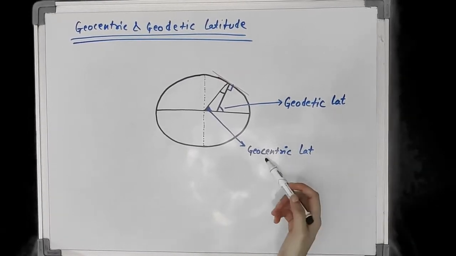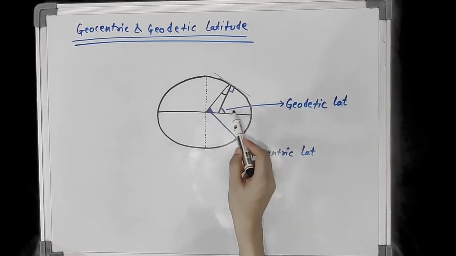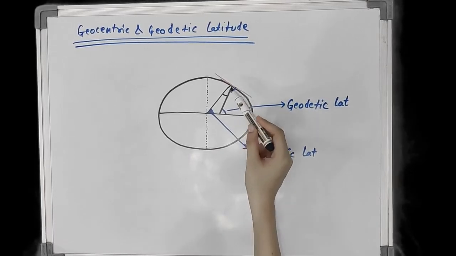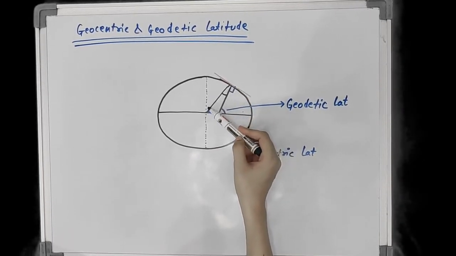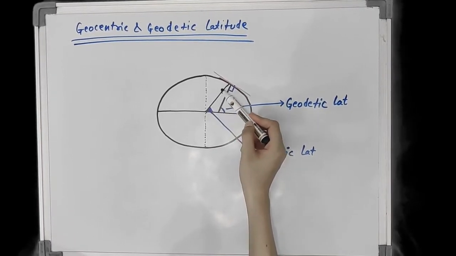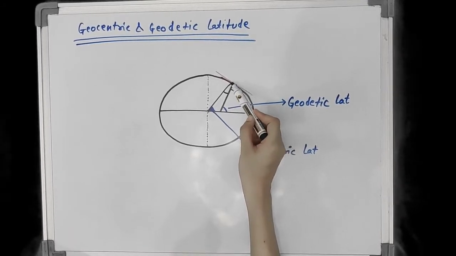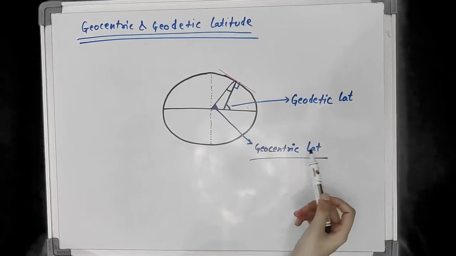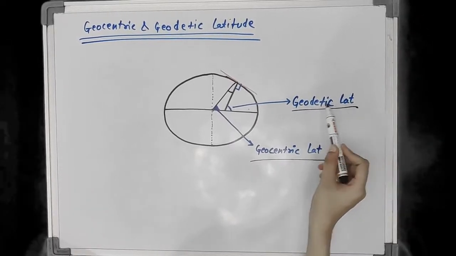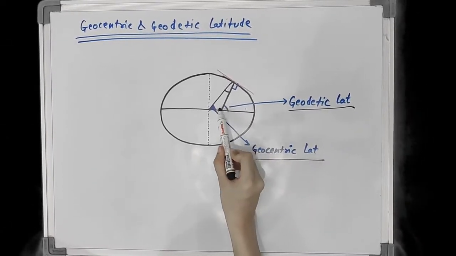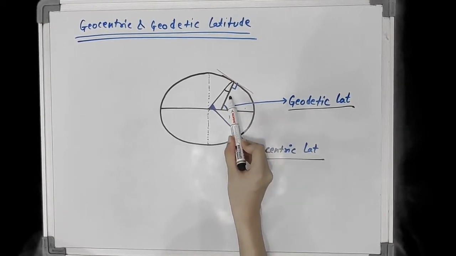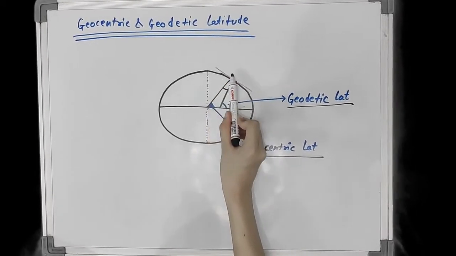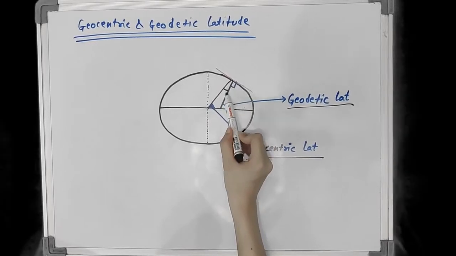Geocentric latitude. The angle between the equatorial plane and the radial line connecting the center of the ellipsoid to the point on the surface of the earth is the geocentric latitude. And the geodetic latitude is the angle between the equatorial plane and the surface that is normal at the point on the ellipsoid.